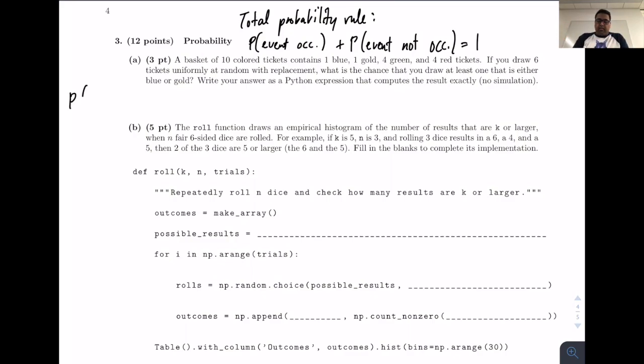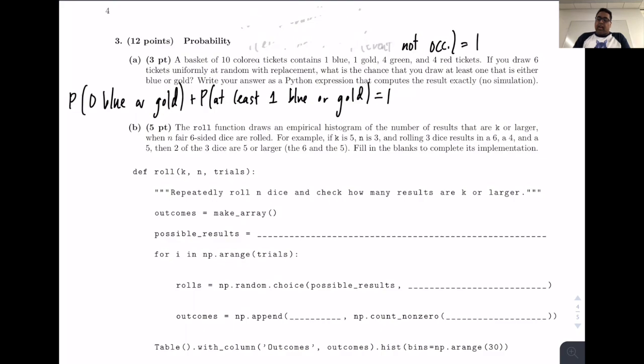So the probability that we get 0 blue or gold tickets once we draw 6 tickets, plus the probability we get at least 1 blue or gold, is equal to 1, because that dichotomizes our sample space. We either get none or at least 1.